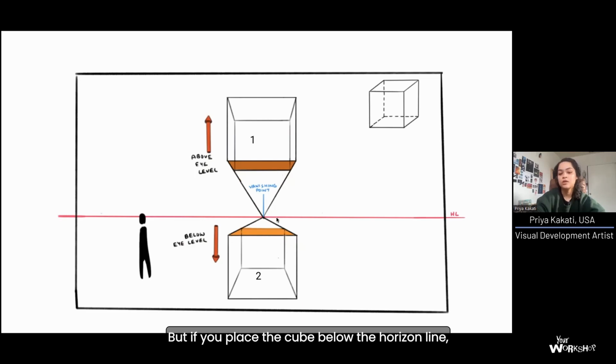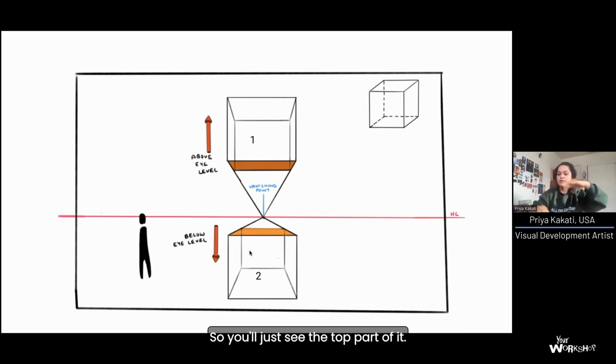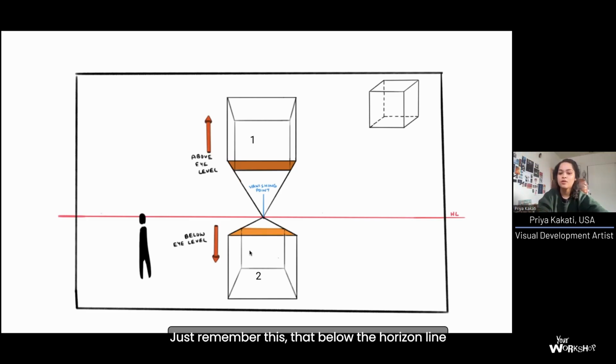But if you place the cube below the horizon line, imagine it as a ground plane, so you'll just see the top part of it. Just remember this: below the horizon line, you'll see the top part of it, and above the horizon line, you'll see the bottom part of it.